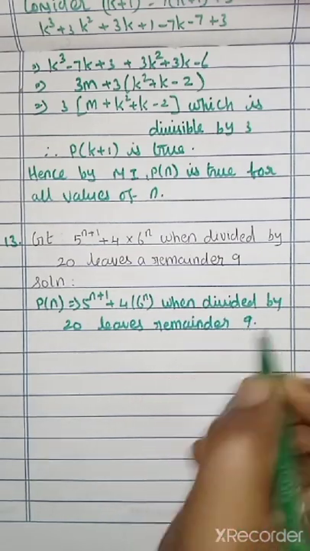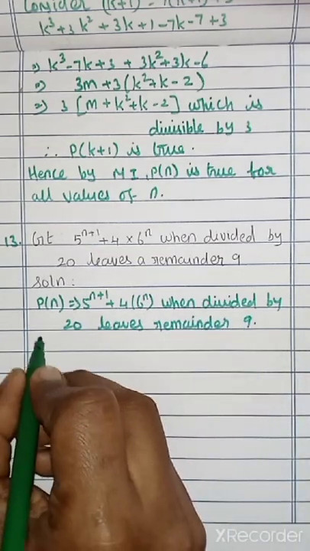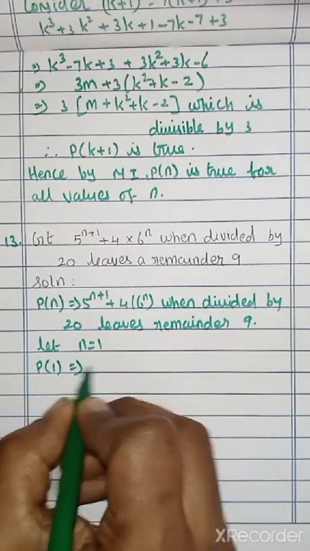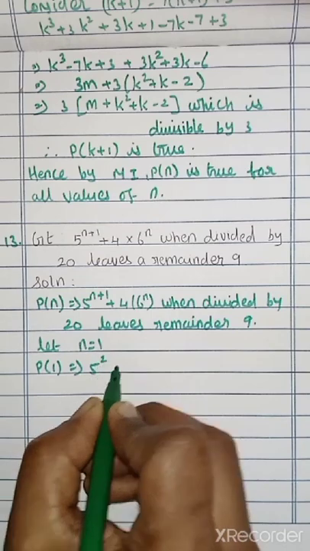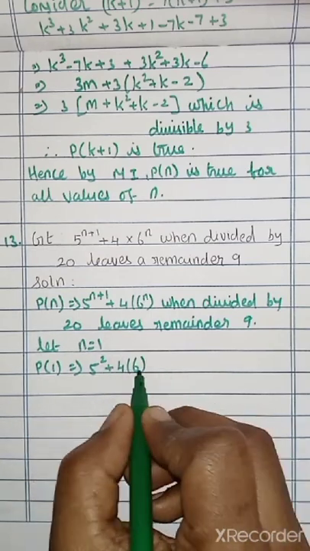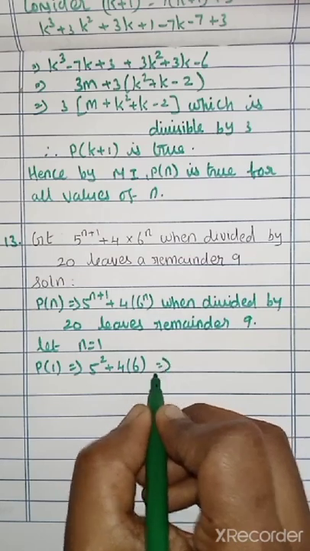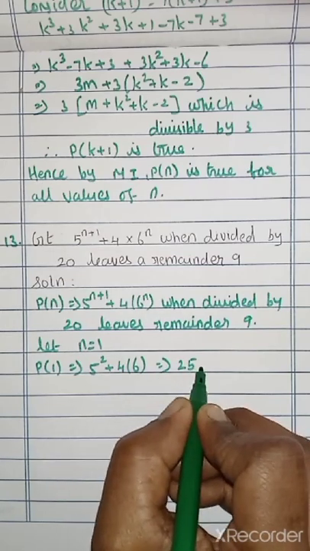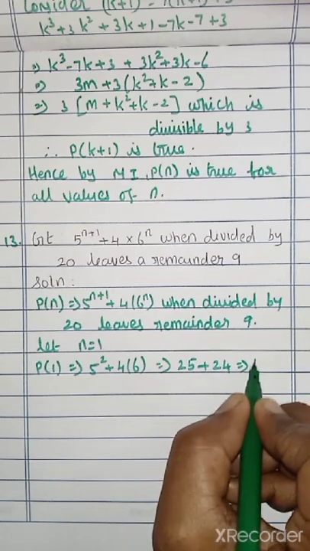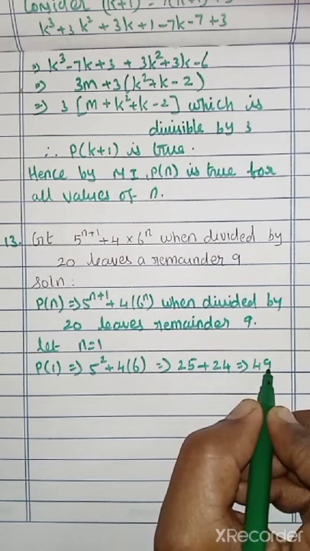Leaves remainder 9. What is the first step? Let n equal 1. P of 1 implies 5 power 1 plus 1 plus 4 into 6, that is 5 5s are 25 plus 6 4s are 24, that is 49, correct?